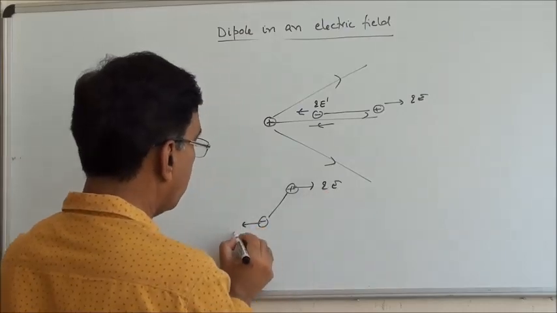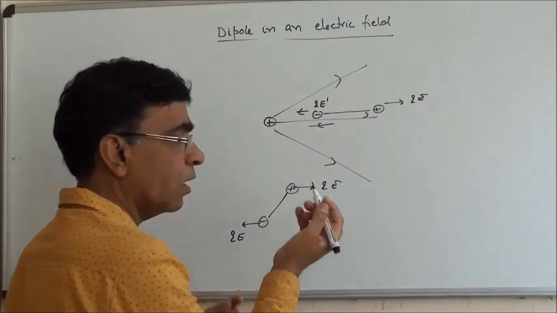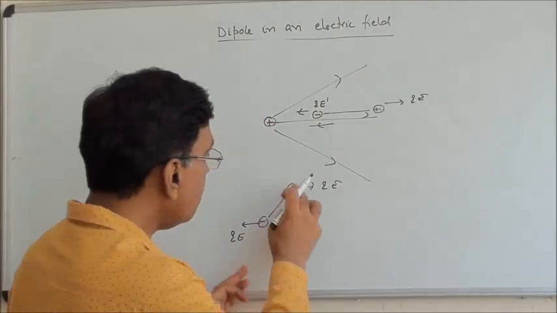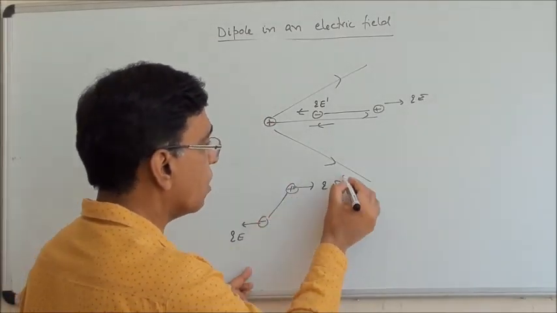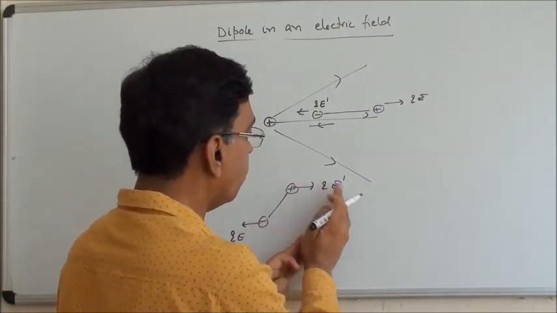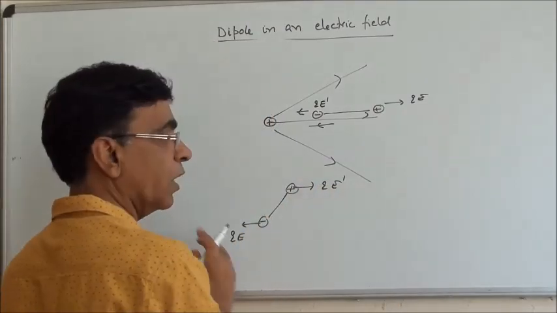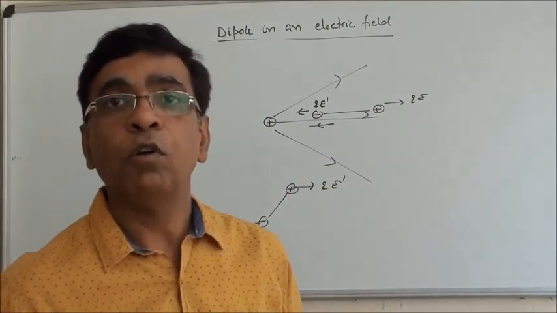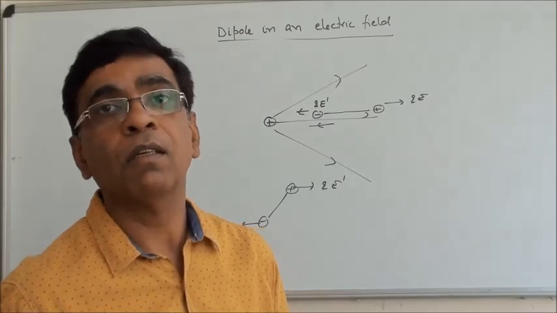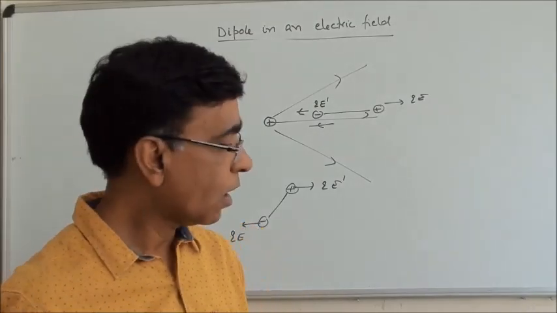QE and it was also QE. So they cancel out, net force becomes 0. If the field is not the same at these two locations, this is more, then this will move like this. If this is more, this will move like this. So the dipole will not even be in translational equilibrium.